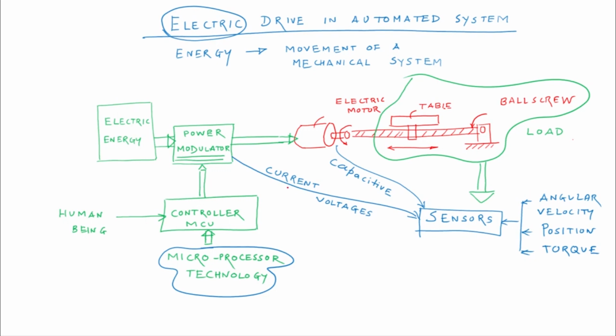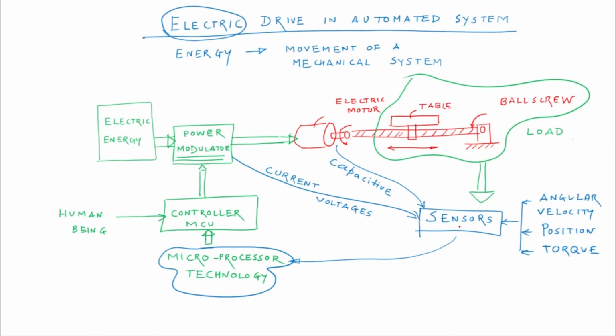So therefore, the monitoring of the current and voltages for which the operations are being carried out, the position sensing, measurement of torque and measurement of angular velocity will be utilized by the microprocessor to take the required decision to vary the application of power to the electric motor.